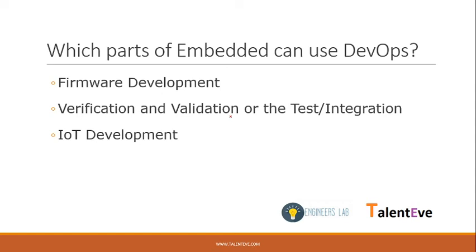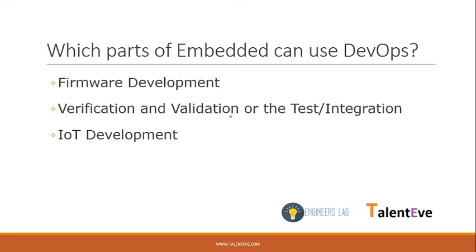Now, can we use it in some parts of the embedded development? Yes, we can say the firmware development definitely can use DevOps, because by the time the firmware development starts, or some of the firmware development, for example, if firmware development is an enhancement of a particular functionality, which we call a redesign of the firmware.